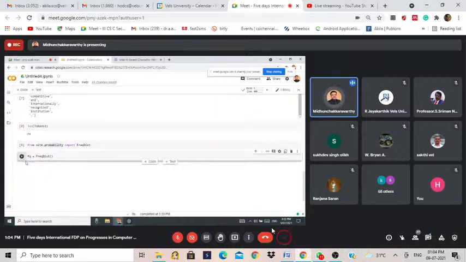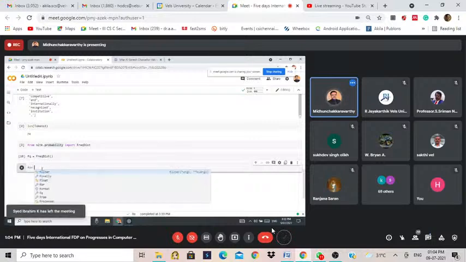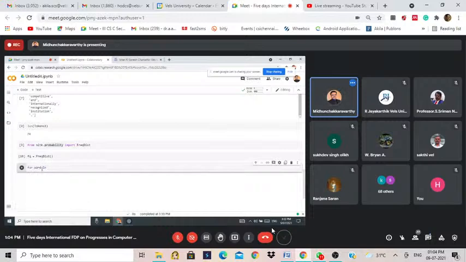Now I'm going to analyze the tokens. We have the tokens. Let us have a look at how many words there are, what the words are, and what the frequency of the words is. Let me check how many times each has been used. So I go to code again and type for word in tokens1.